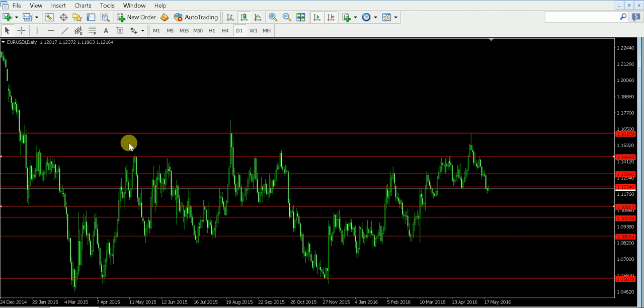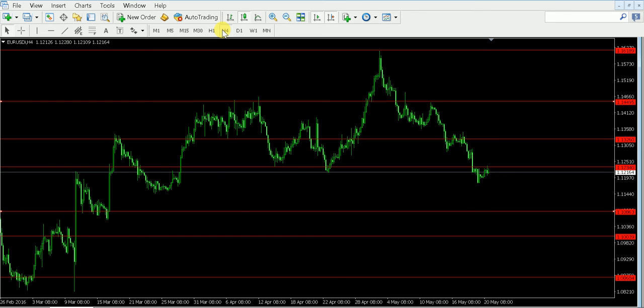Based on what previous data has done in the past, we can see to the right that price will, the majority of the time, respect each one of these levels. And if we go to the 4-hour time frame, as we go into deeper, smaller time frames, we can then draw new levels of support and resistance.